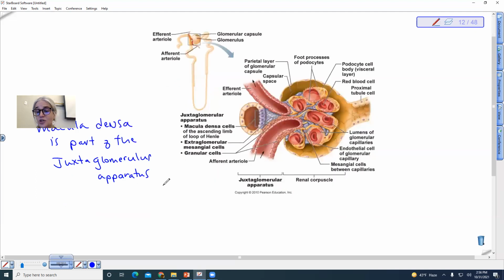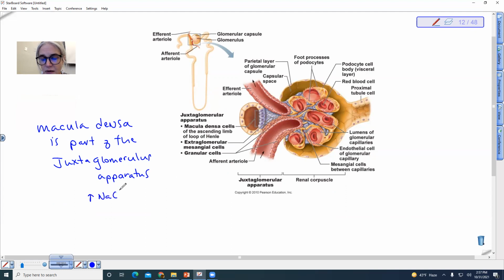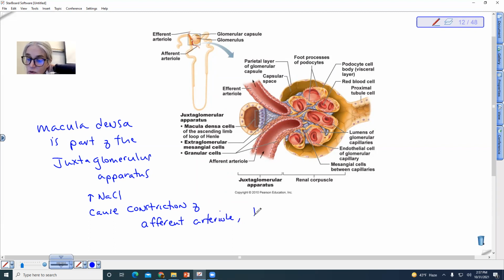If the salt is too high, then they're going to cause constriction of the afferent arteriole. And what this is going to do is decrease GFR, the glomerular filtration rate.